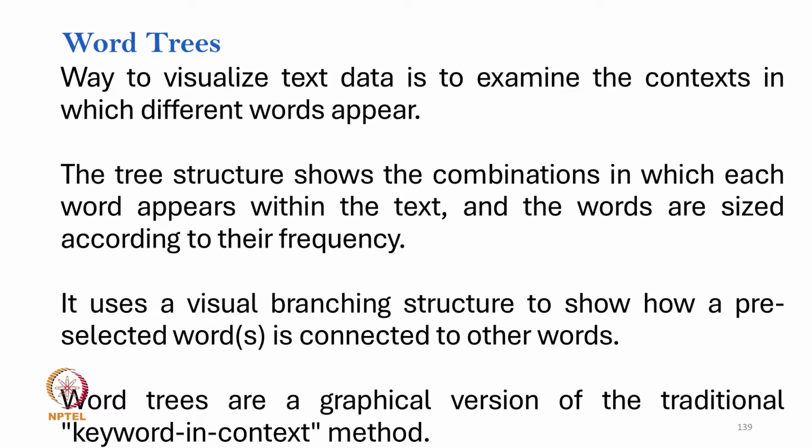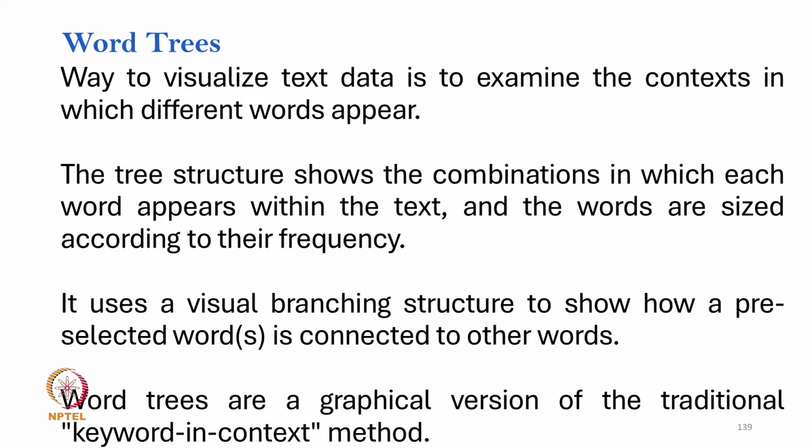Another method for qualitative data presentation is word trees. A word tree is a visualization of text that examines the consistency in which different words appear. The tree structure shows the combinations in which a word appears within the text, and words are sized according to their frequency.